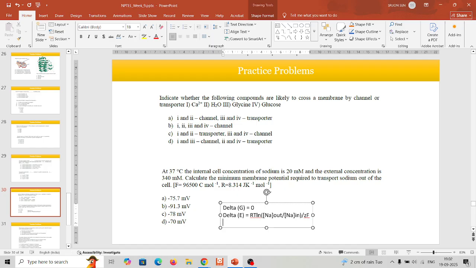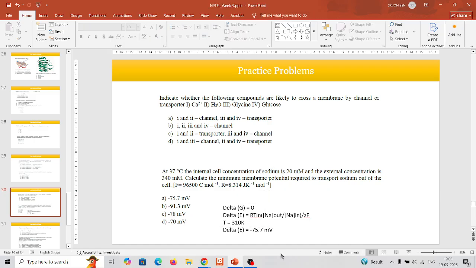The temperature here is 37, so 310 Kelvin, and R you know, so delta E is equal to minus. If you calculate this, you will get that particular answer. So option A is correct, right?